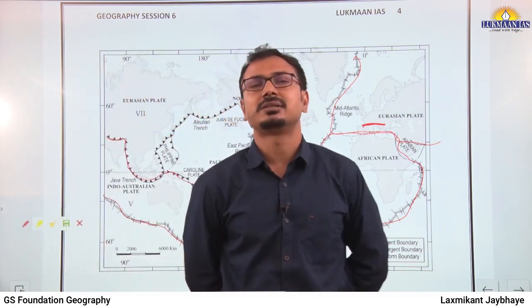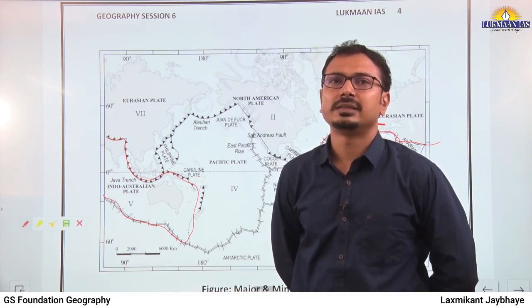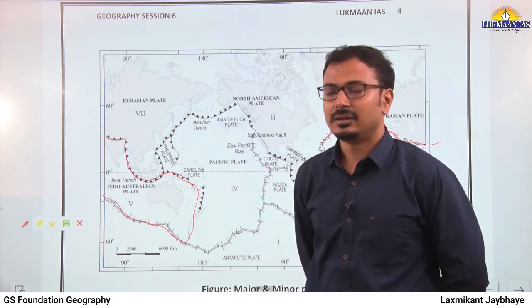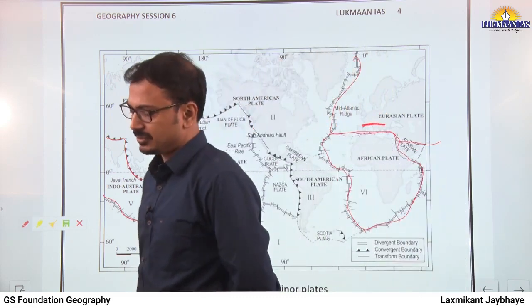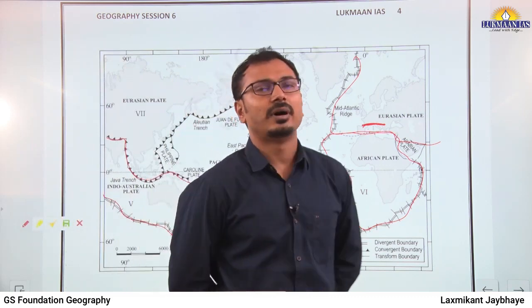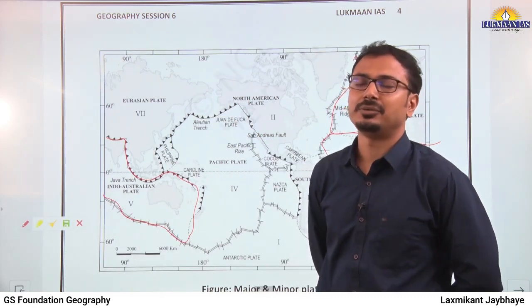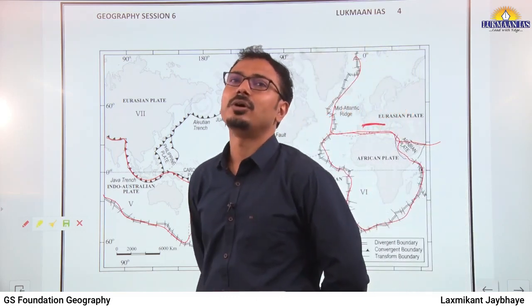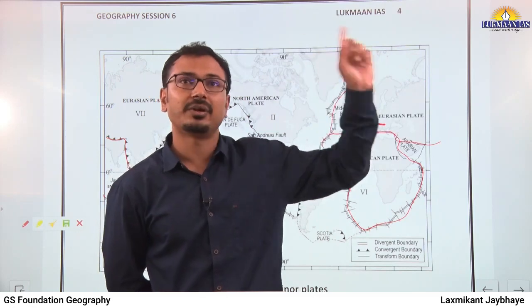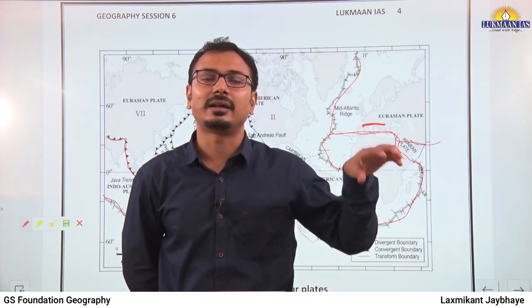No particular theory explains the continental mountain ranges. For example, the Aravalis in India are residual or relict mountains, because we do not know how they were actually formed, but surely at present we can understand they are relict mountains.